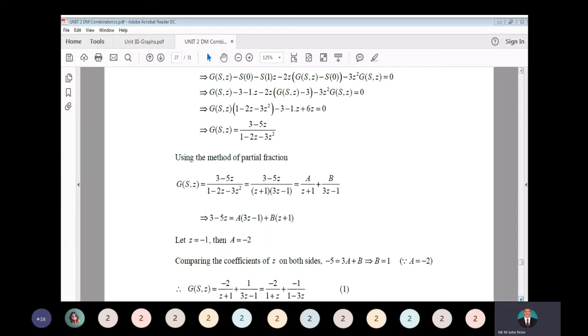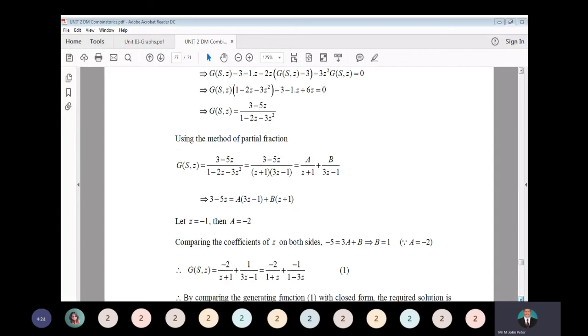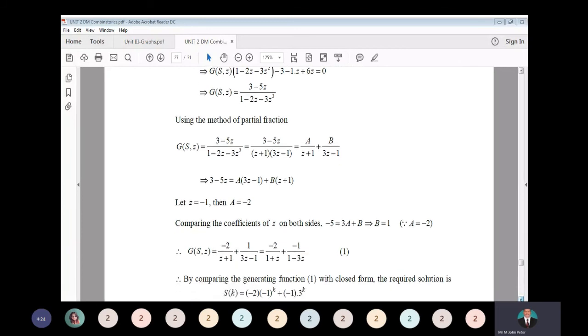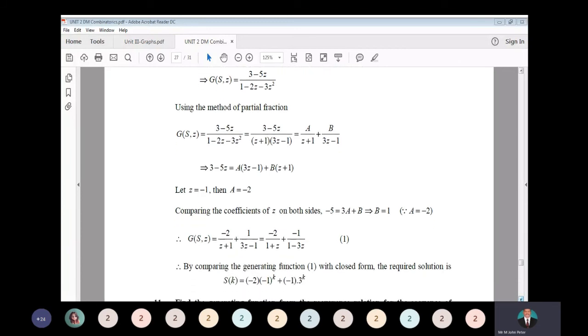You will get 3 minus 5z equals A into 3z minus 1 plus B into z plus 1. Solving by the partial fraction condition, substitute z equal to minus 1 and you will get A equal to minus 2. Next, comparing the coefficient of z on both sides, you will get B equal to 1.